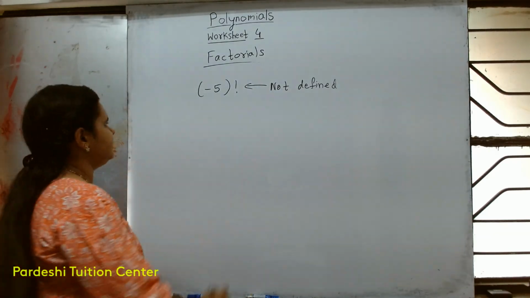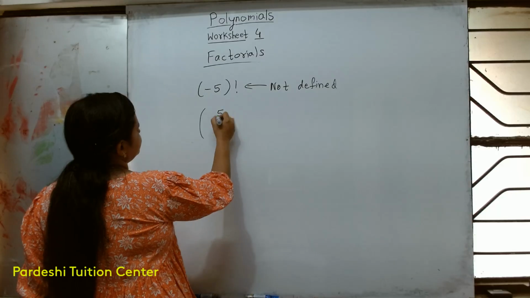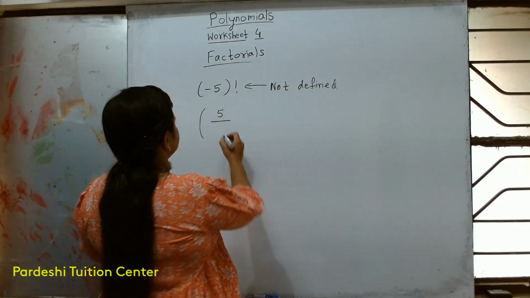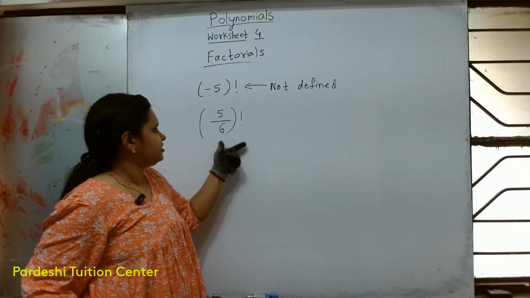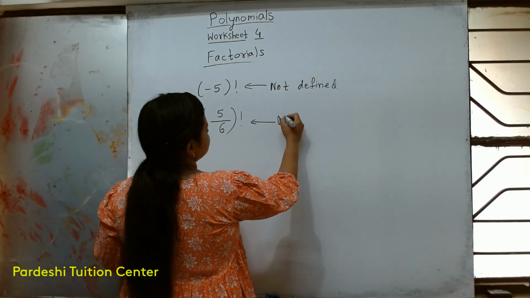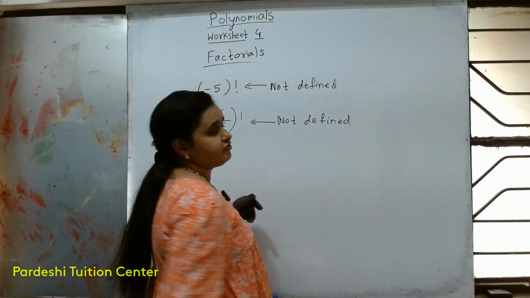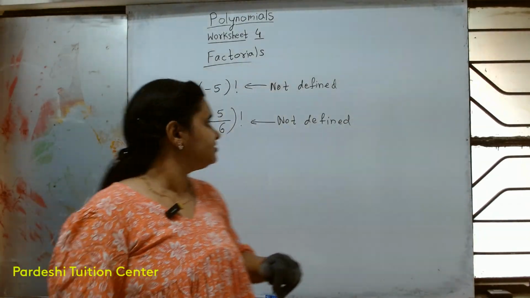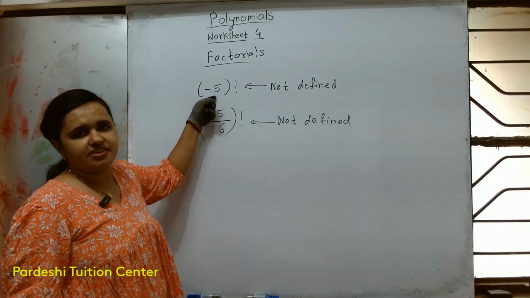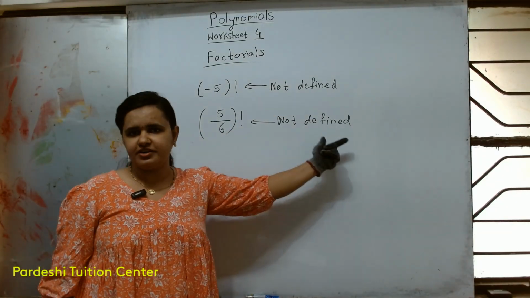And if I ask you the factorial of a proper fraction, that is 5 by 6 factorial, what is it? It is also not defined. Factorials can be defined only for non-negative integers. So, a negative integer is not defined, and a proper fraction is also not defined.